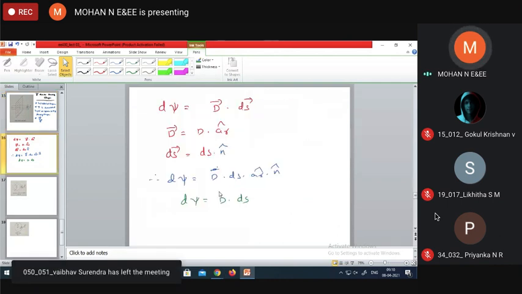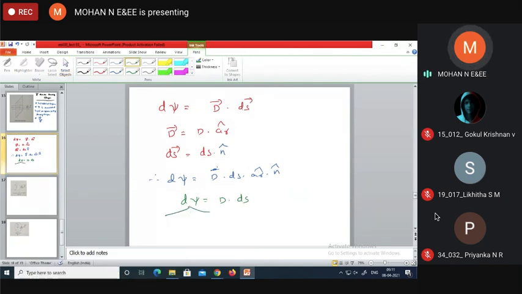So the phi will be due to three parts you can assume: phi top, phi bottom, and phi surface. In this case, phi surface will be equal to 0. And for phi top and phi bottom, the flux lines will be leaving or radiating from the top surface as well as the bottom surface.